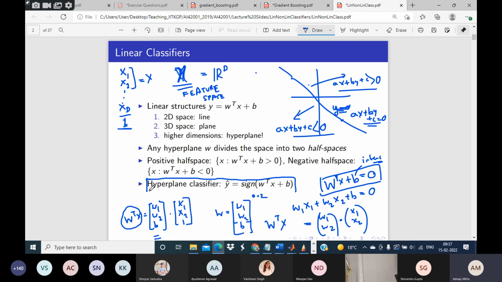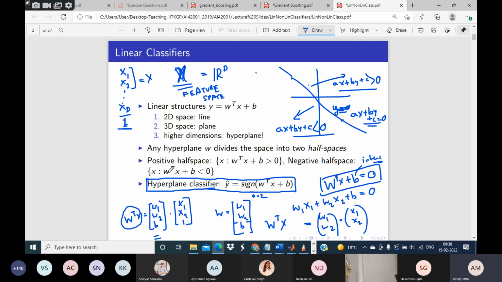The hyperplane classifier is that for those points on the positive half space, y hat is going to be 1. That is, I take the sign of this quantity. Whatever value this is, I take its sign, so its sign will be +1.